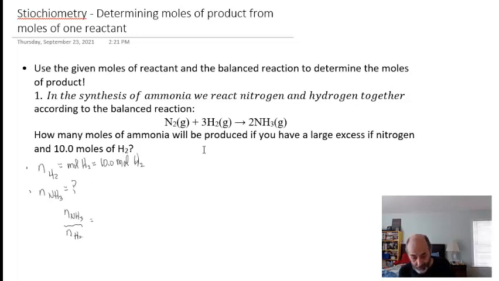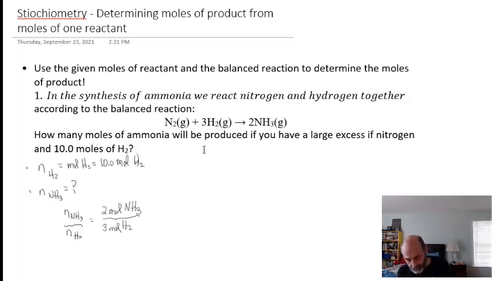And remember, I said that it must be equal to the ratio of the stoichiometric coefficients for those compounds. So if ammonia is on top, the coefficient should be on top. So 2 moles of NH3 are produced when you have 3 moles of H2.